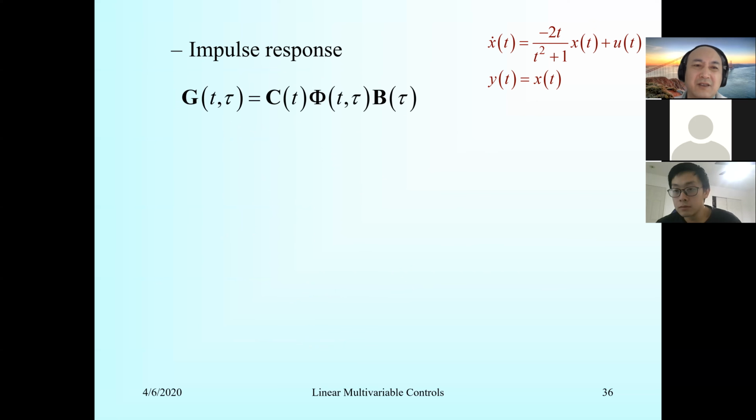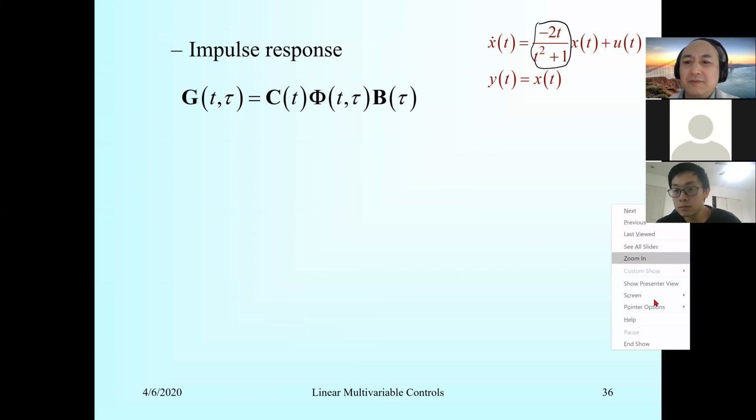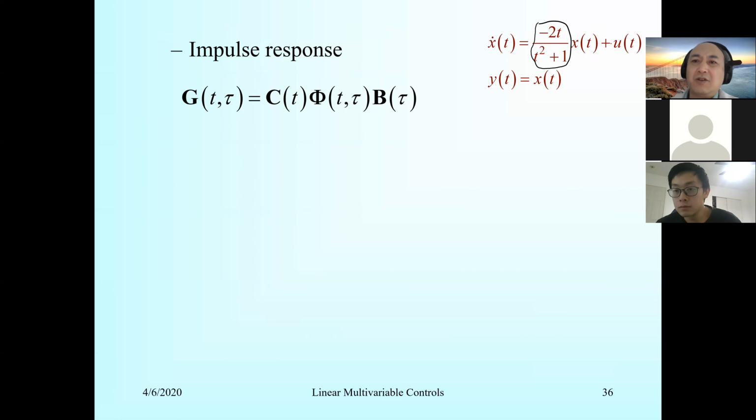This G is called a mapping, also called the impulse response. So you have C phi B like this, which is the original LTI system. Remember, as t goes to infinity, this will go to infinity, or go to 0.